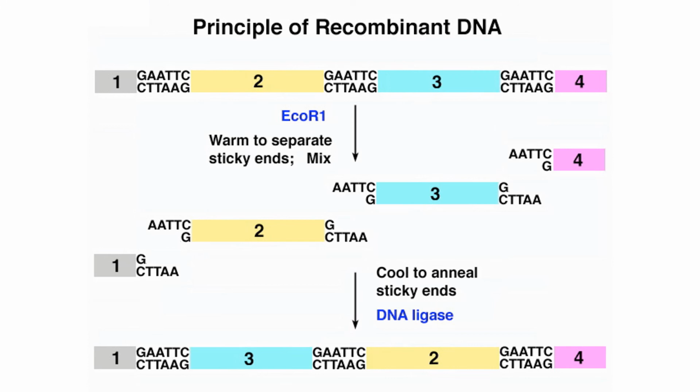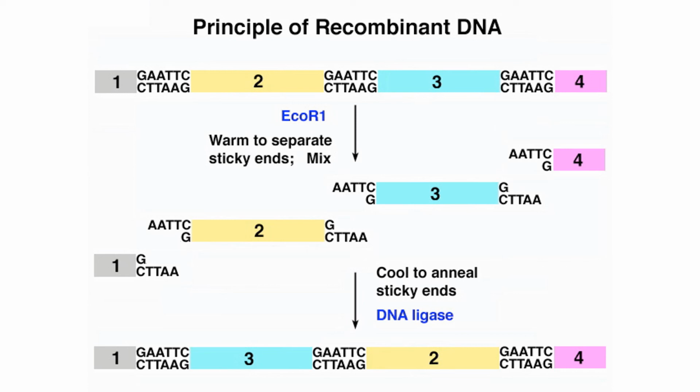So we have these three segments here. We have EcoR1 sites. When we cut this with the EcoR1, we get four different fragments.